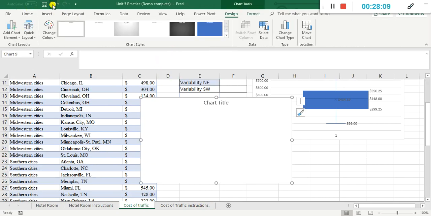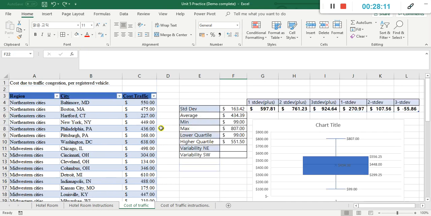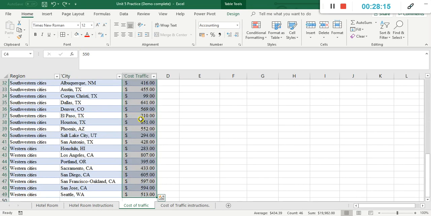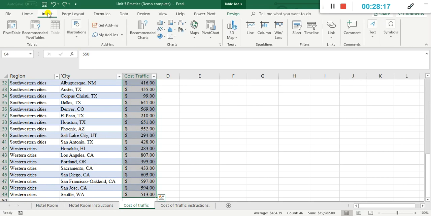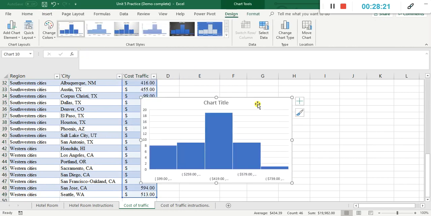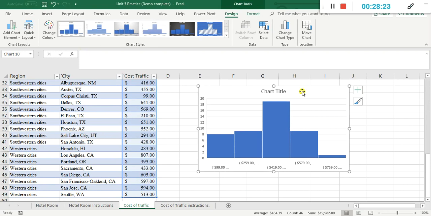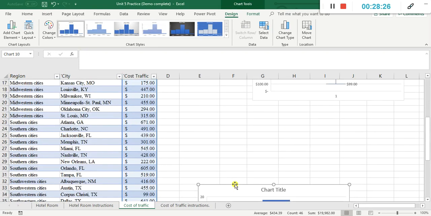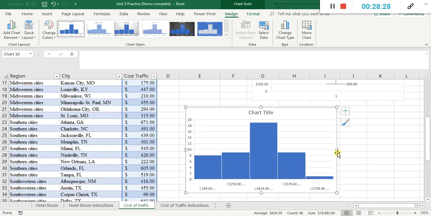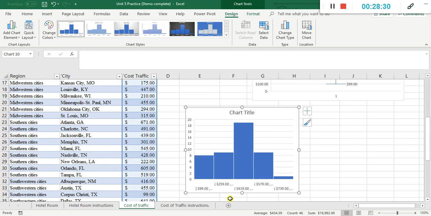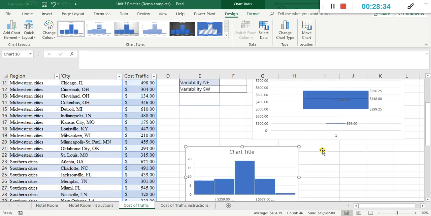I did it again. Sometimes I'm very stupid. I didn't say it. So insert, and this one we go there to the histogram. So in this case, let's put it here. I'm gonna make it smaller to fit it nicely there.